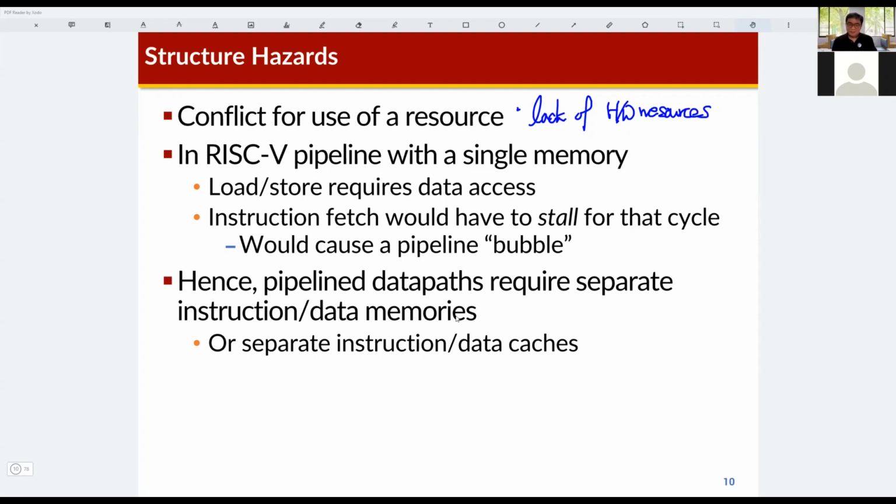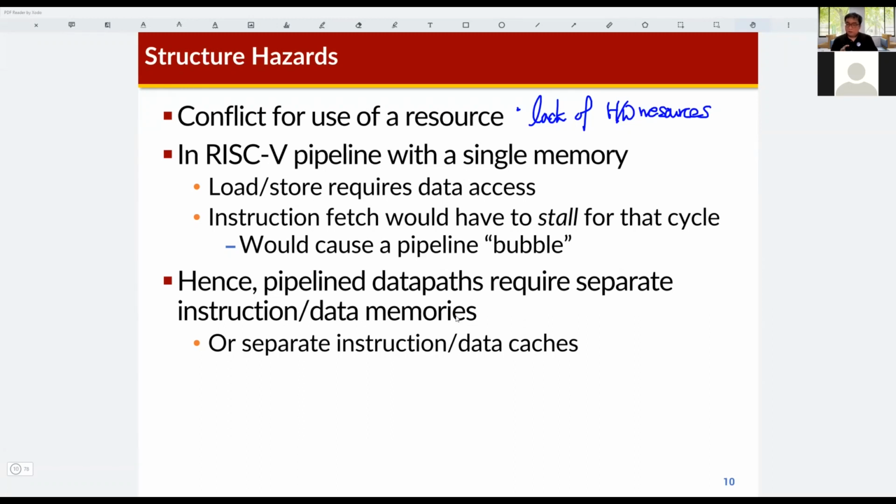That means only one instruction will demand the hardware resources, so there is no source of the structure hazard.